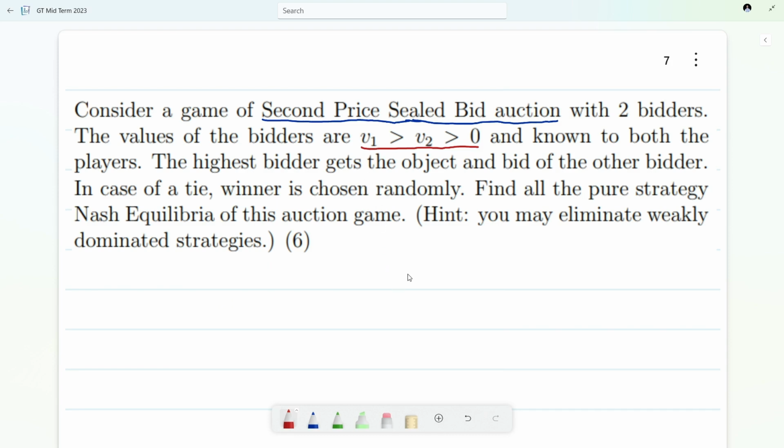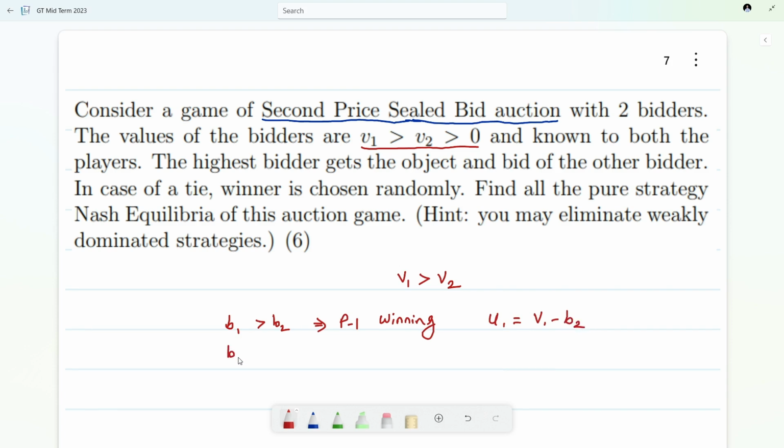Okay, so we have one condition: V1 is greater than V2. Now when the players are bidding, the case can be B1 greater than B2, which means player 1 wins, and the utility for player 1 will be V1, the valuation of player 1, minus B2, because he or she will be paying the second highest bid.